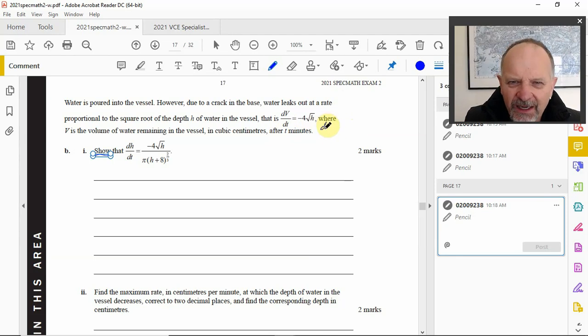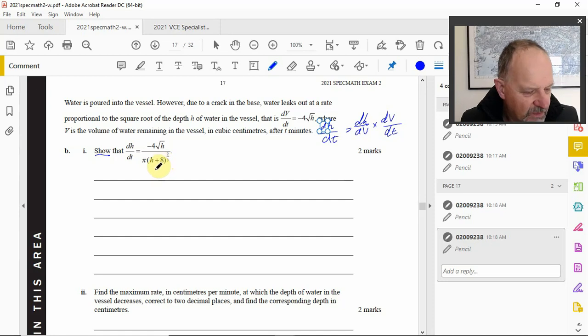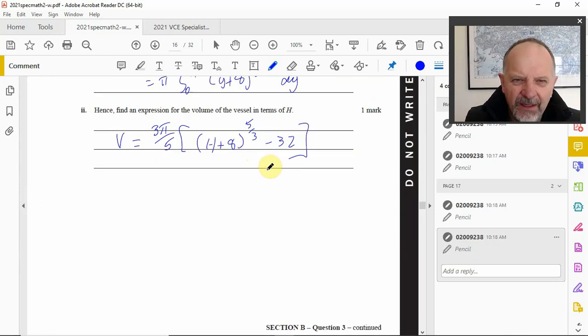So you can actually say that dh dt would be dh dv times dv dt, and we have dv dt here, and dh dv, well, we've got an expression for the volume, and so what we can do is use that expression for the volume, which we have up here.